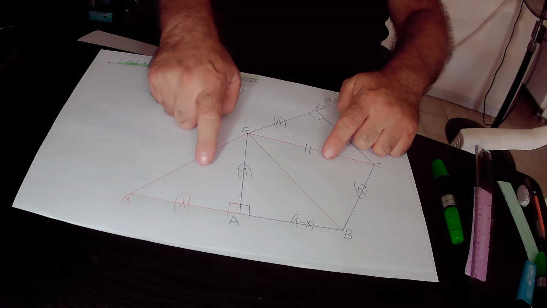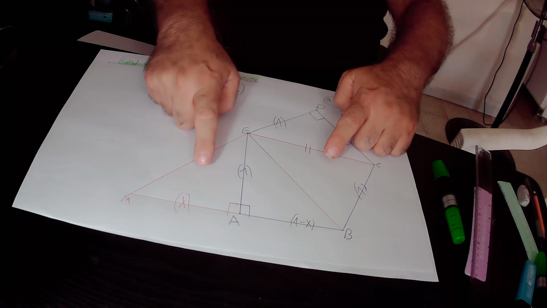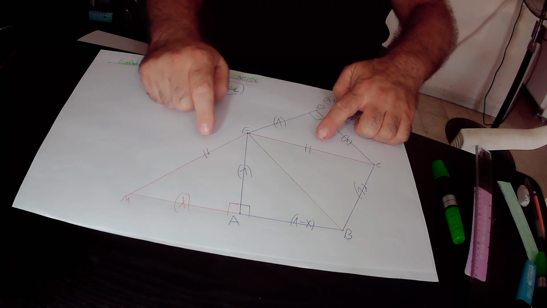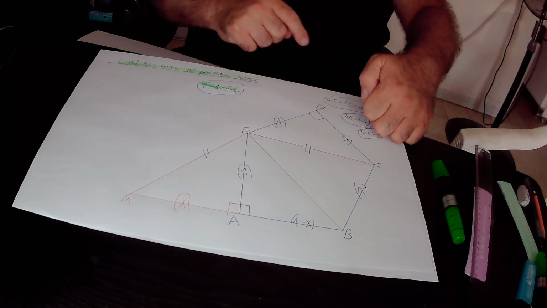Those two right triangles can go into each other, and therefore those two corresponding sides must also be equal to each other in their lengths. That is to say, EM equals EC.